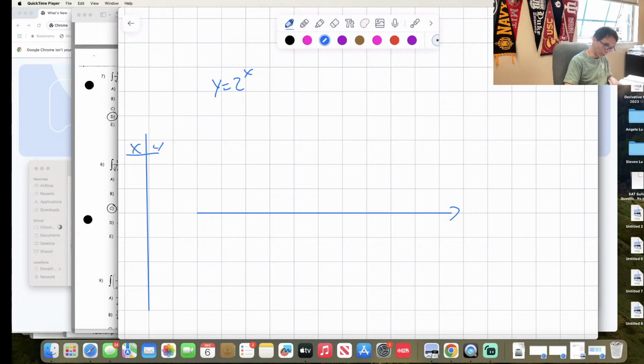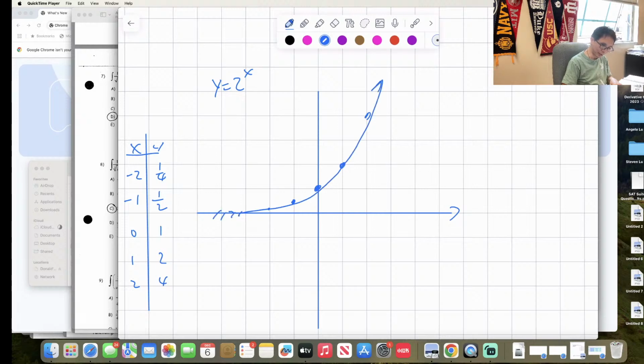X and y. -2 is going to be 1/4. -1 is going to be 1/2. 0 is 1. 1 is 2. 2 is 4. So it's going to give you this graph. It has an asymptote at 0, and it has an anchor point at 0, 1.